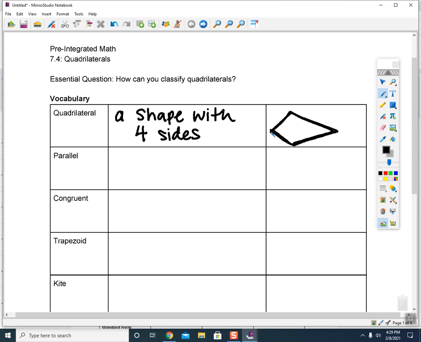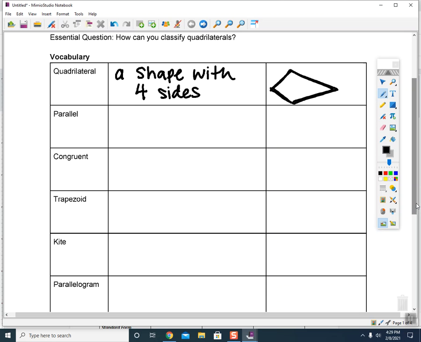So that's a quadrilateral. The second term that I know is going to be important is parallel. We talked about parallel lines yesterday. Parallel just means that I have two lines that never cross. They're never going to intersect.